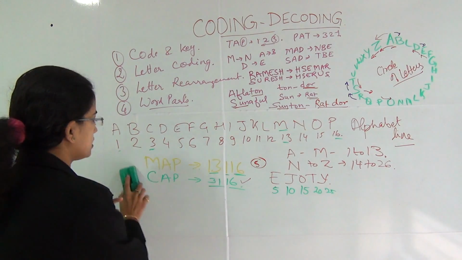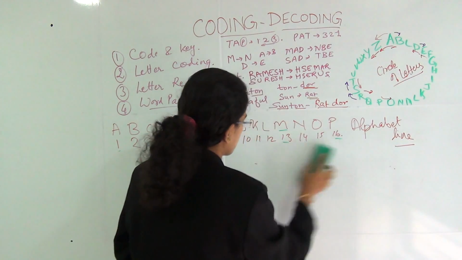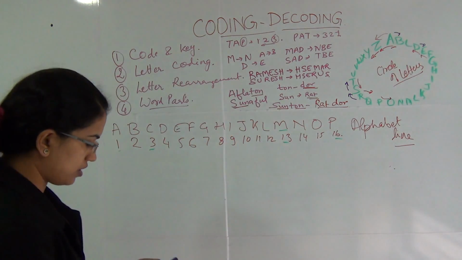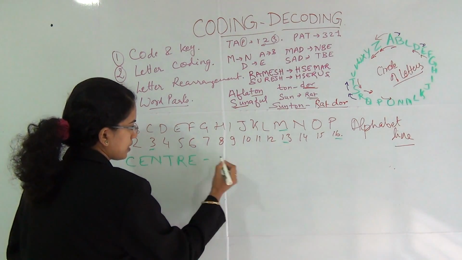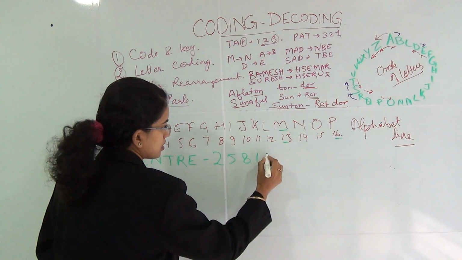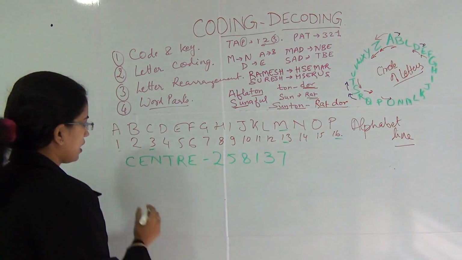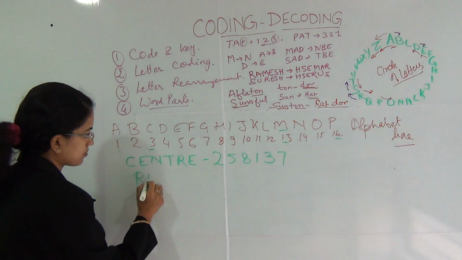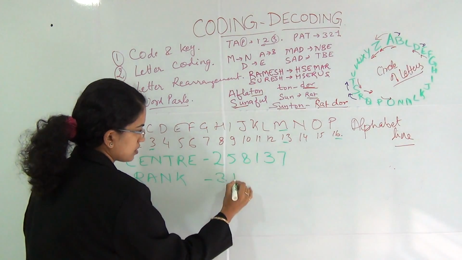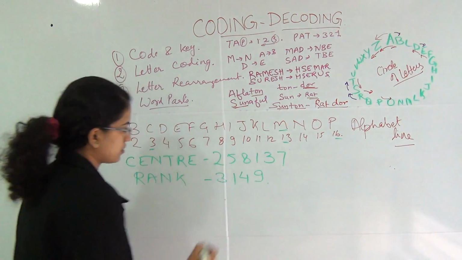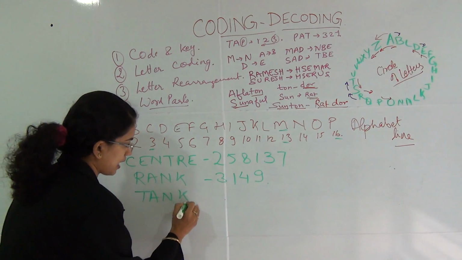The other type of question that is asked based on letter coding is, if for the word CENTER I am saying this is the code, and for the word RANK the code is this, what would be the code for the word RANK?